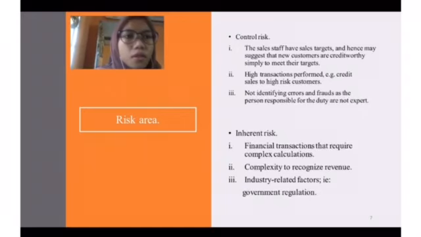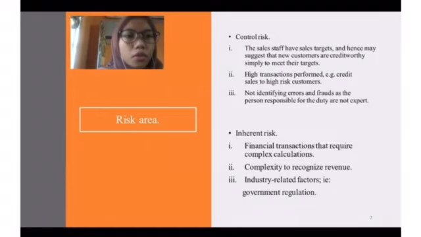For example, credit sales to high risk customers, because the sales staff want to achieve their sales target, therefore they don't check the customer creditworthiness and lead to a high risk customer. The third one is not identifying errors and frauds, as the person responsible for the duty is not an expert. This is the lack in segregation of duty.